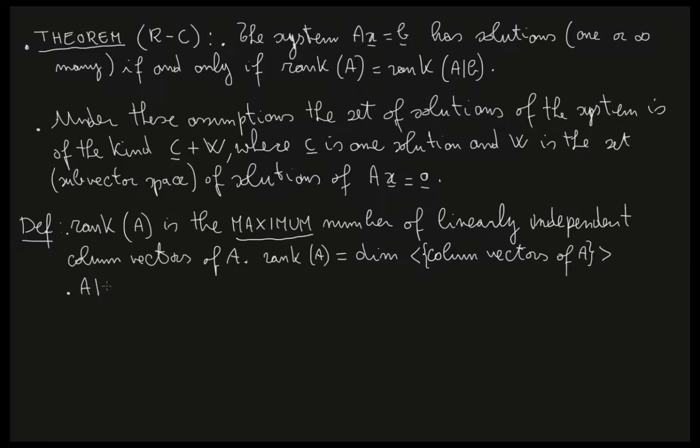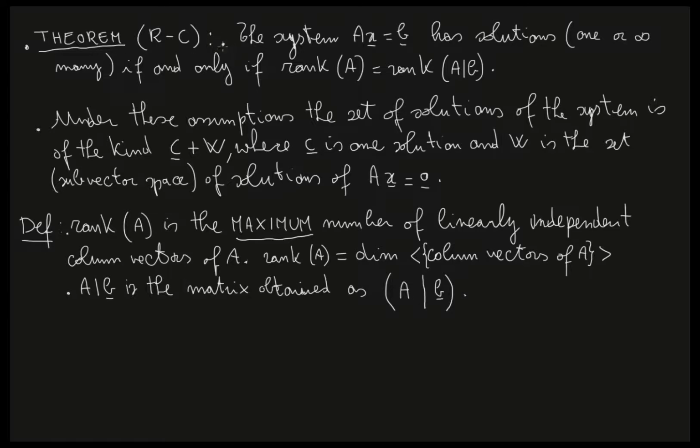A slash B is the matrix obtained as, these are called block matrices because there is one block comprising all the column vectors of A. So once I've written all the column vectors of A, then I add, not algebraically, meaning I juxtapose another column vector on the right hand side of those included in A, and this vector is going to be the column vector B. So if A has H column vectors, then this matrix will have H plus 1 column vectors.